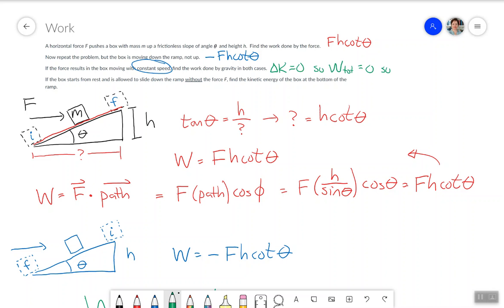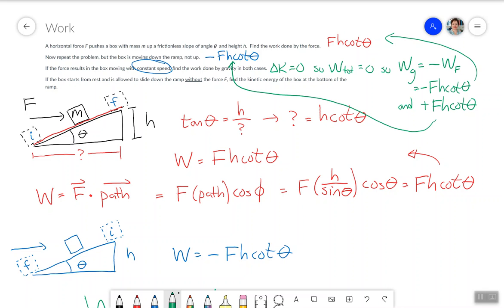So the work that's done by gravity is just negative the work that's done by my pushing force. So it's minus F h cotangent theta in the first case and positive F h cotangent theta in the second case.